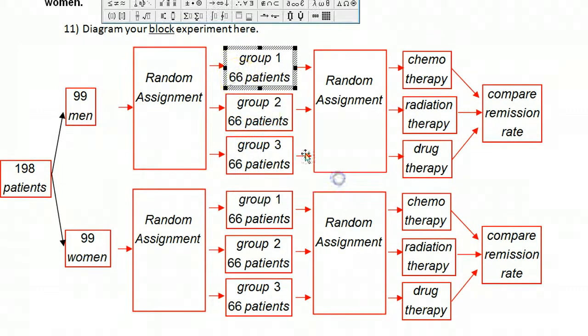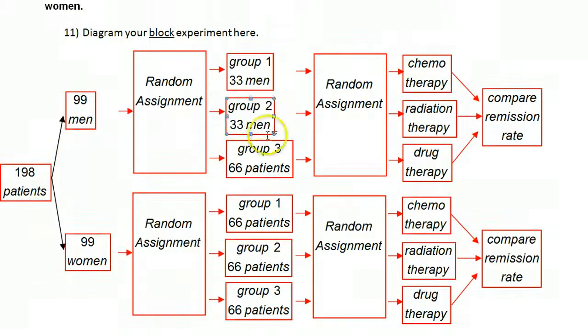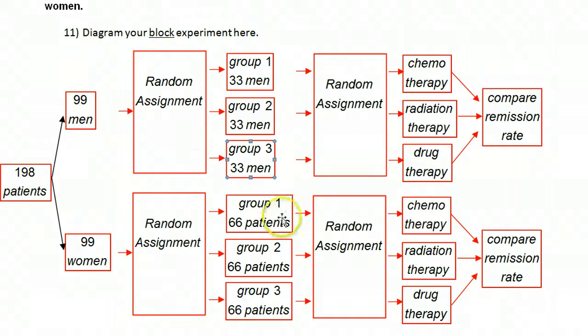So group 1 will be 33 men, group 2 will be 33 men, and group 3 will be 33 men. The rest of it is exactly the same, so all I did was change the numbers.